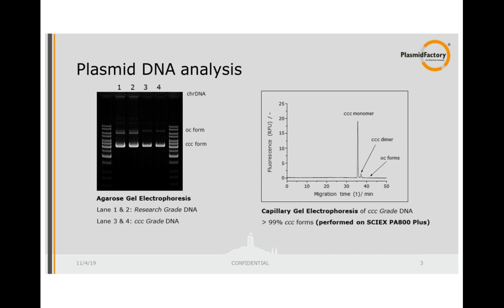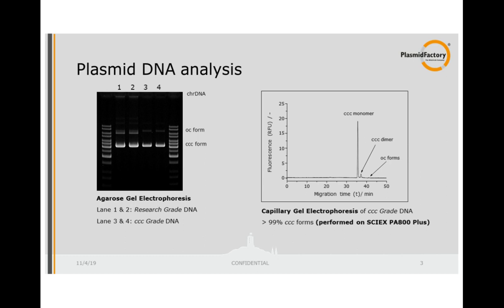This big band is the supercoiled form, the one that we would like to isolate, but there is something above, and this above is a double band consisting of the dimeric form, so double size, but also of this open circular damaged form. The linear one is not presented here.